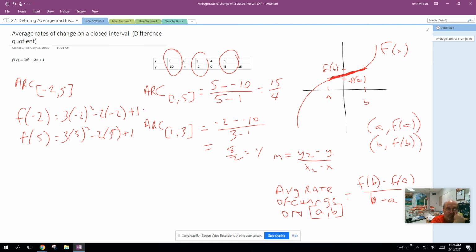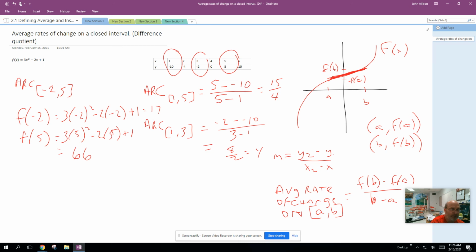Here we have 3 times 4 is 12, plus 4 is 16, plus 1 is 17. And here we have 3 times 25 is 75, minus 10 is 65, plus 1 is 66.